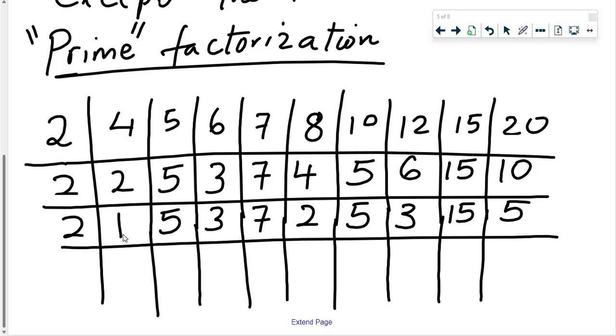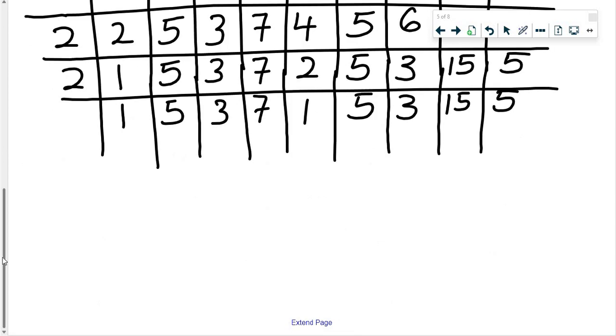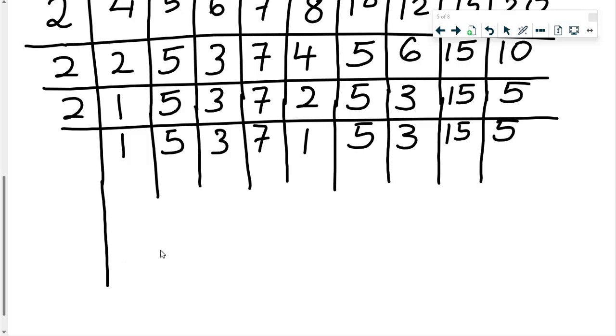Yes, why not? 1 divided by 2, just copy 1. 5, 3, 7, 1, 5, 3, 15, 5. Okay? Can we still go by 2? No, can't go by 2.